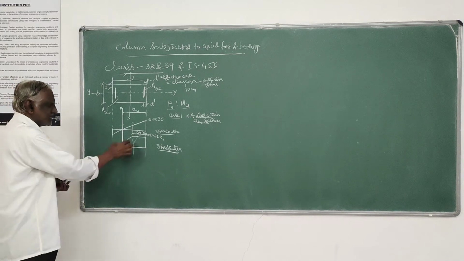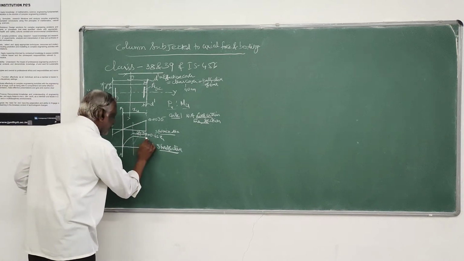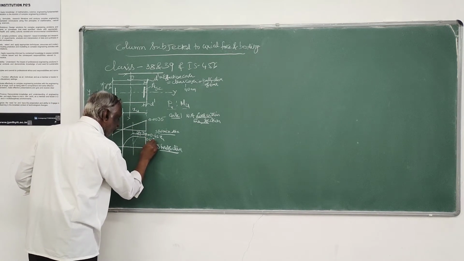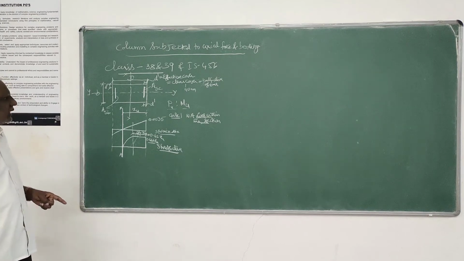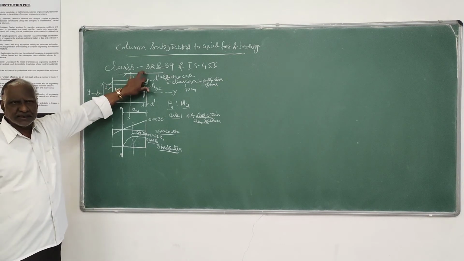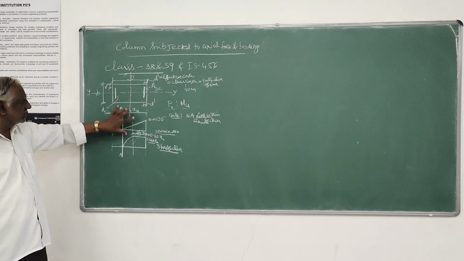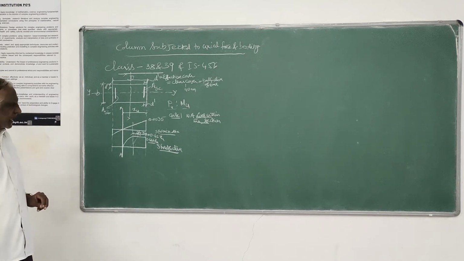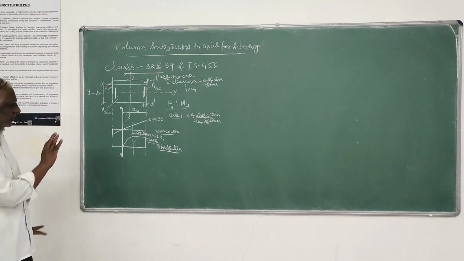So the stress distribution will be uniform, and the magnitude of this stress will be 0.446 fck. You should know that, as it is given in IS clause 38. The standard limit state stress distribution across a cross section and the strain distribution are all given straight away in the code. You can refer to that.